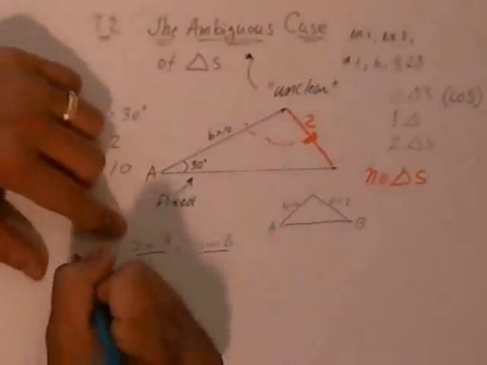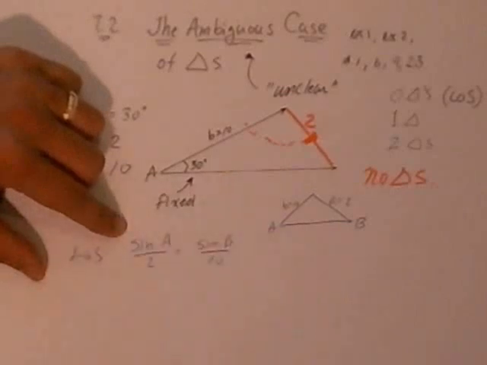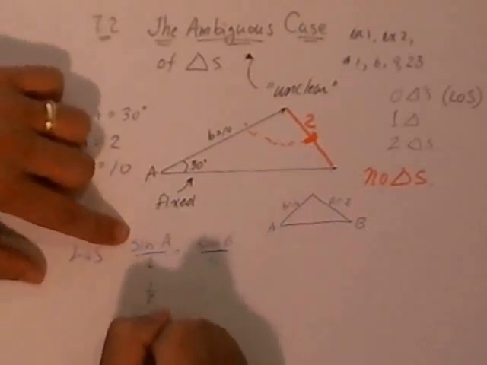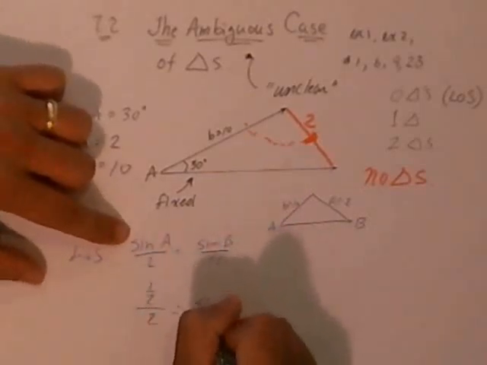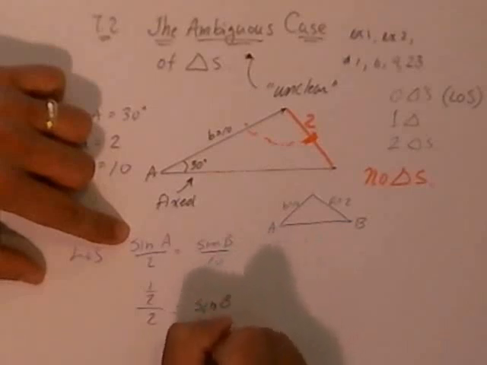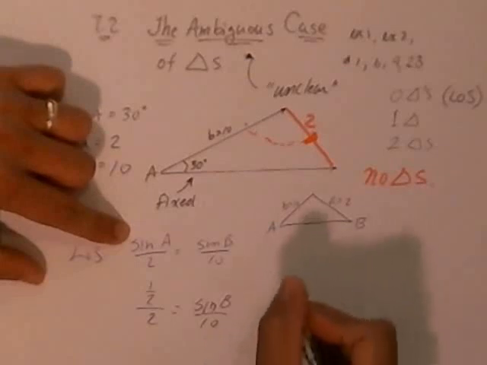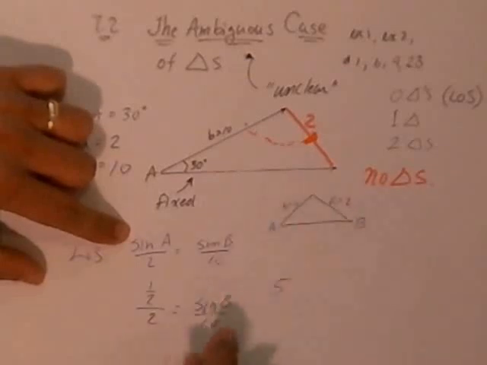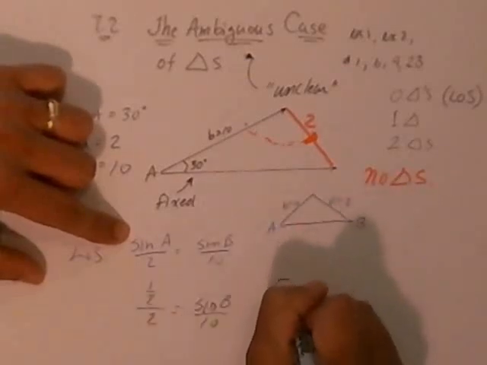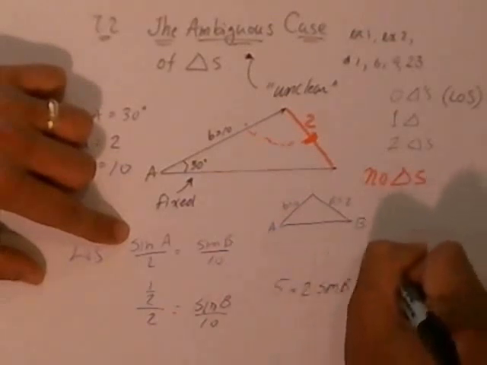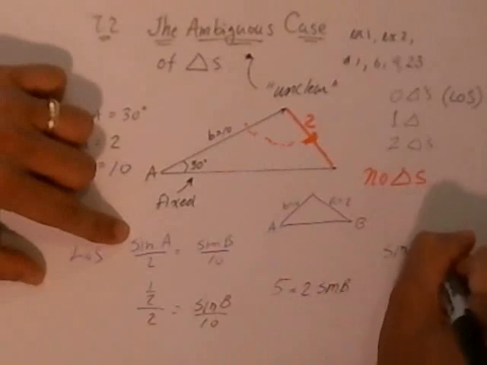Using the law of sines right here, sine of 30 is 1/2, divided by 2, is equal to sine of B over 10. Cross multiply, you get 10 times 1/2 is 5, is equal to 2 sine of B, divided by 2. The sine of B is equal to 5/2 or 2.5.